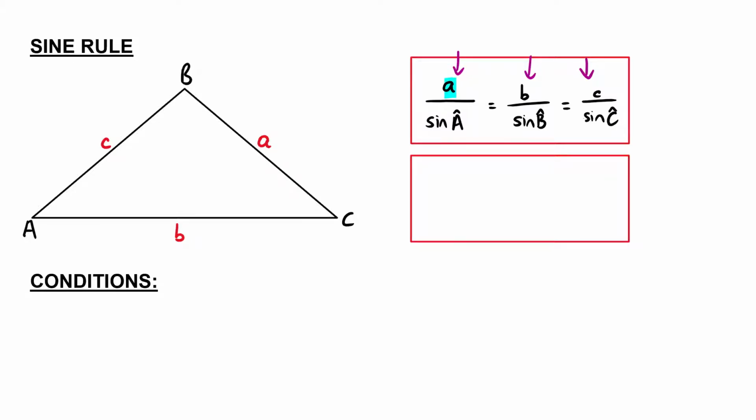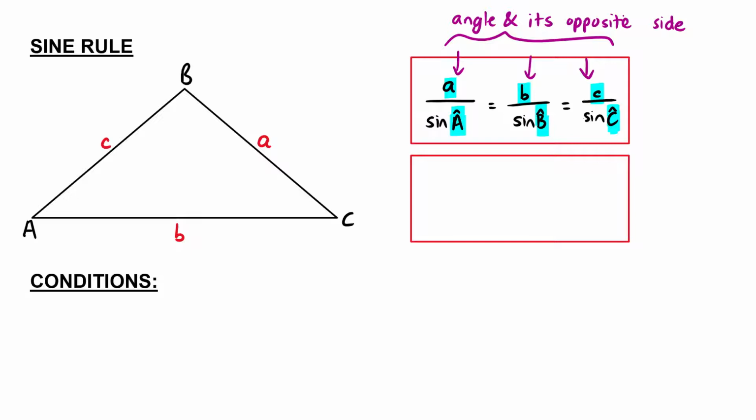So we have an a on the top and an A in the denominator, a b in the numerator, a B in the denominator, a c in the numerator, a C in the denominator. So basically every single one of these expressions is made up of an angle and that angle's opposite side.